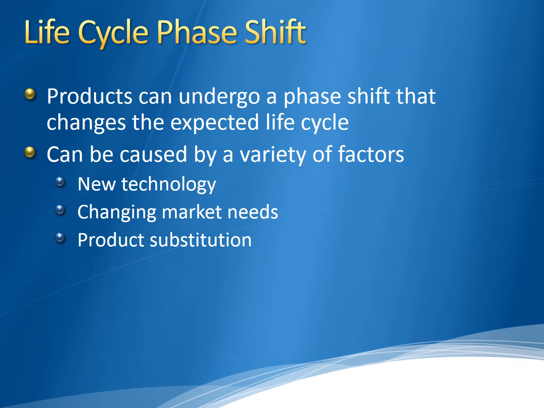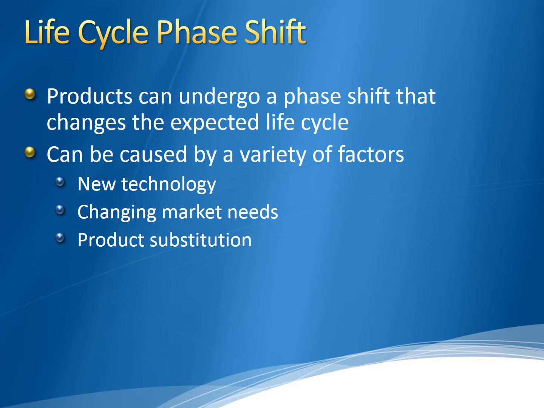And these things can be caused by a variety of factors, such as new technology can come out that facilitates distribution of products or improves the products themselves, changing market needs. So if a product is viable but becomes obsolete, that'll affect it. Or if a product is slowly undergoing its inception, but then some type of market factor changes that increases the need for the product, then the growth phase can be either expedited or even increased overall.